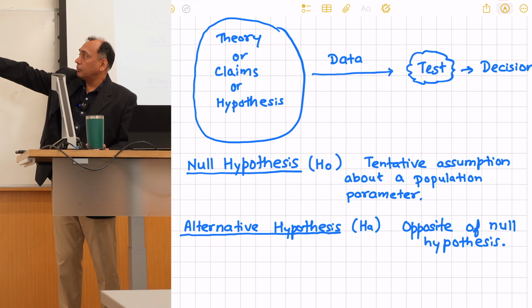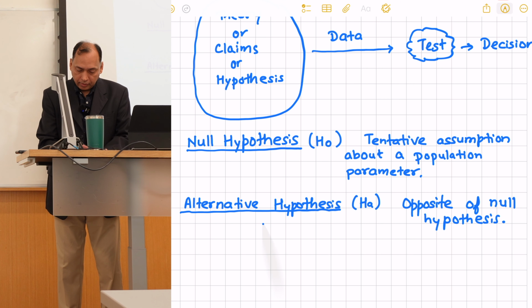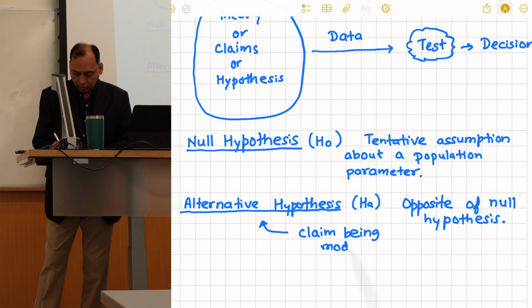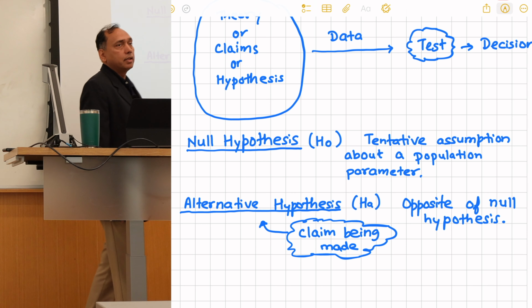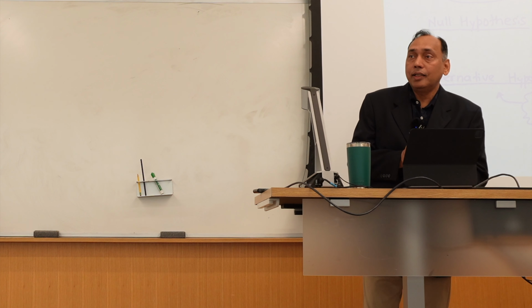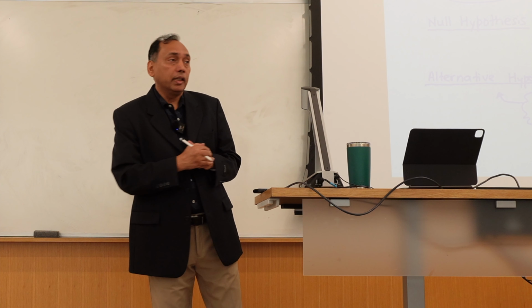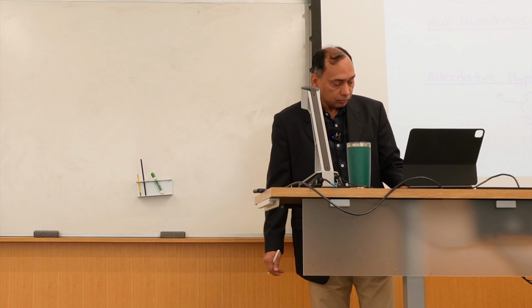If you are thinking in terms of theory, claim, or hypothesis, your alternative hypothesis is the one representing the claim being made. That goes into the alternative hypothesis. So if a restaurant manager is claiming that we serve our customers in less than 5 minutes, then that part becomes the alternative hypothesis, and then the opposite of that becomes the null hypothesis.